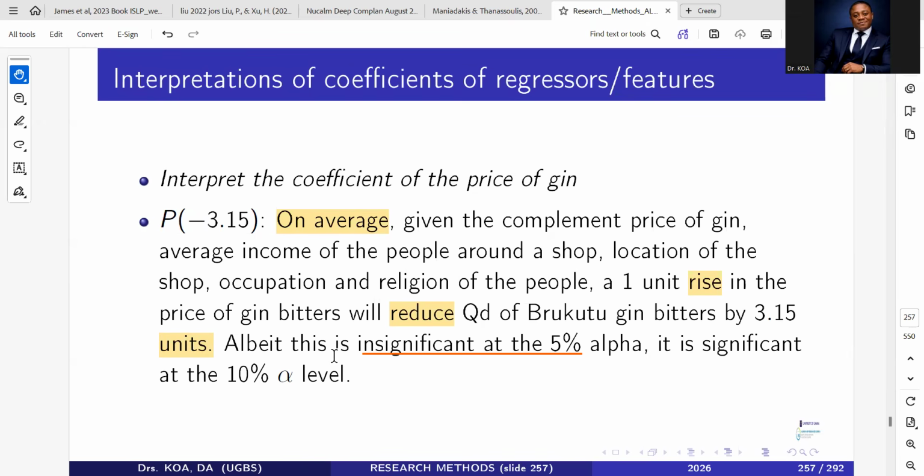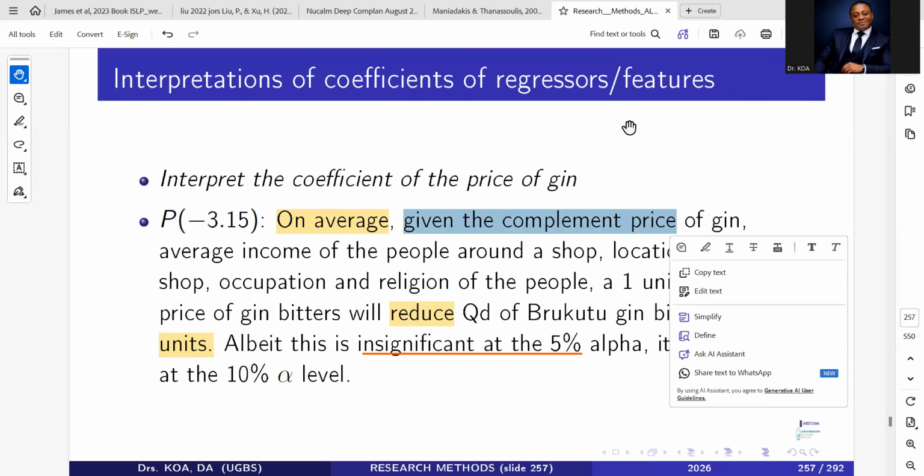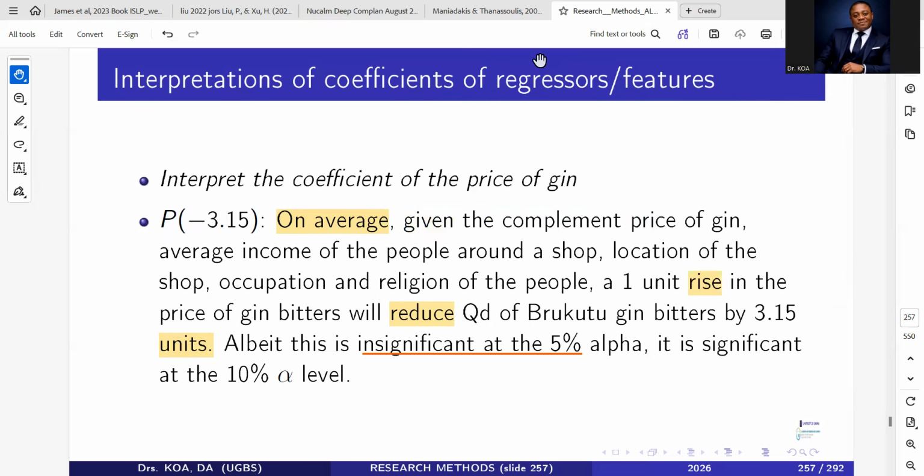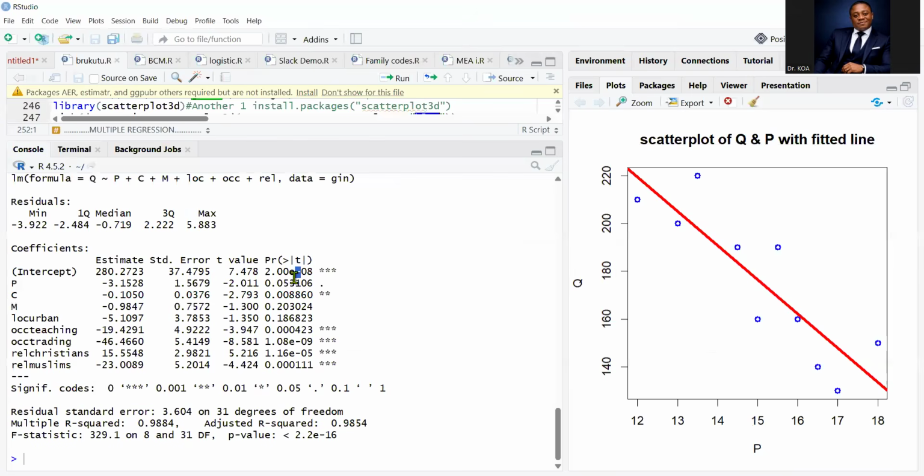If you were to interpret it, I'm sure you can do it. Watch carefully, because I was interpreting the coefficient of price, when I was saying "giving" blah, blah, blah, I did not say giving price. I did not include price.